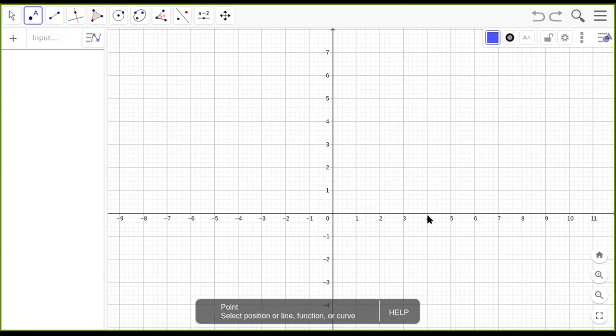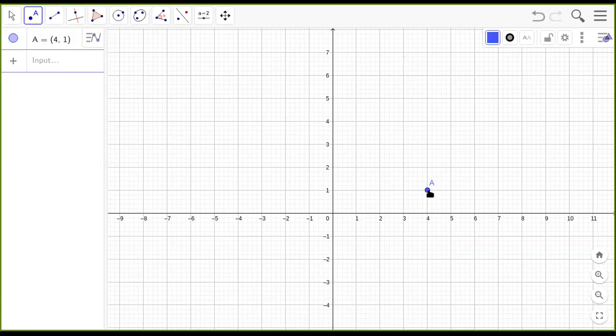If I take a point somewhere in the first quadrant, say I mark it like this, this is point A. Now this point A is at some distance from the y-axis and at some distance from the x-axis. This will decide the coordinates of that point A. If you see the algebra part of it, it's already visible here for you. This point A is represented as (4, 1). That means its abscissa is 4 and its ordinate is 1.